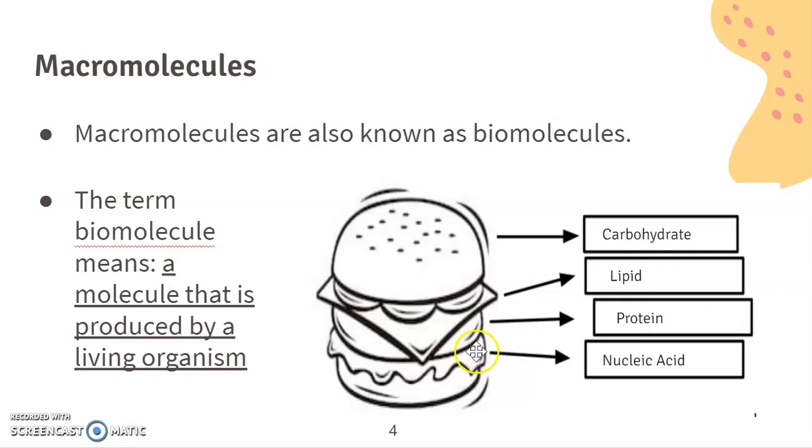And then last but not least, we have nucleic acid. It's represented by this lettuce. Nucleic acid to me is super cool because nucleic acid is in anything that was once living, and it's because nucleic acid comes from our DNA.